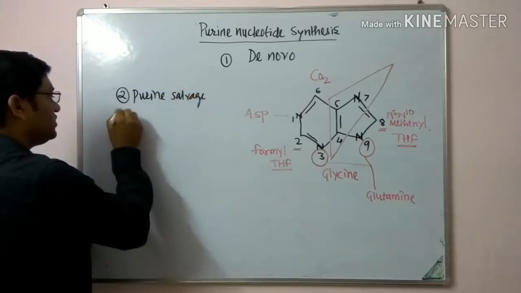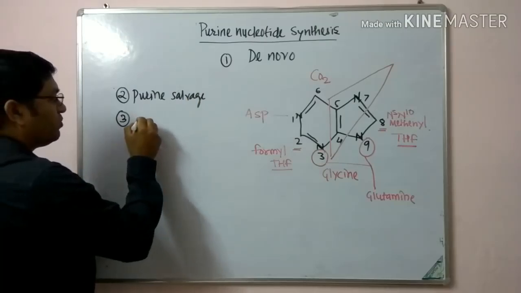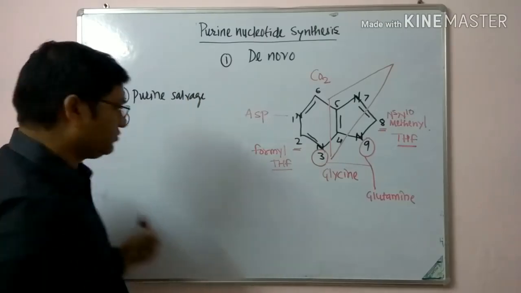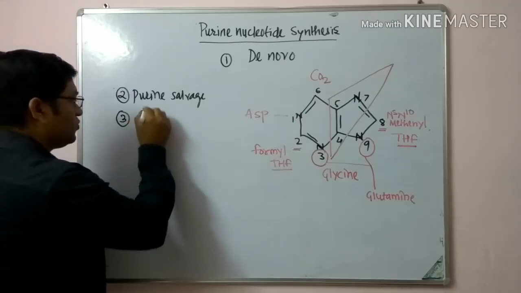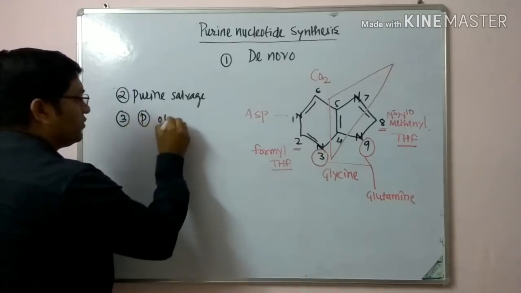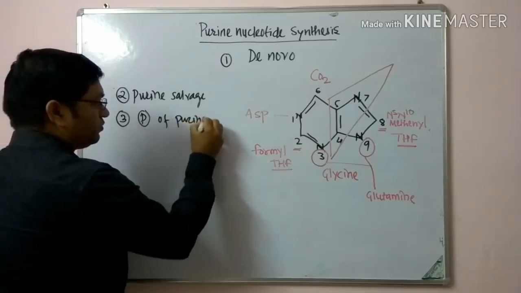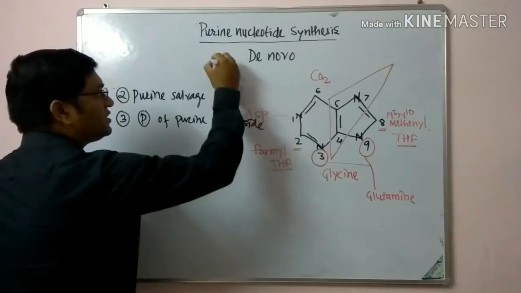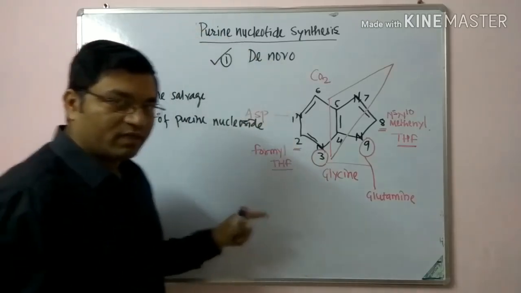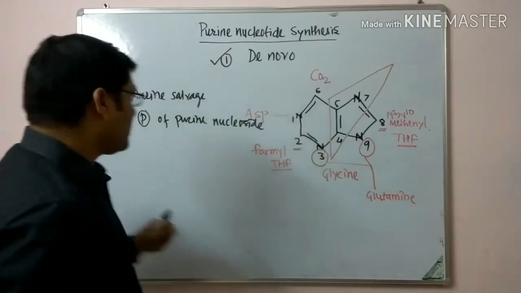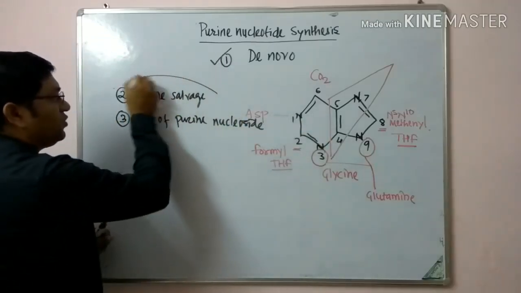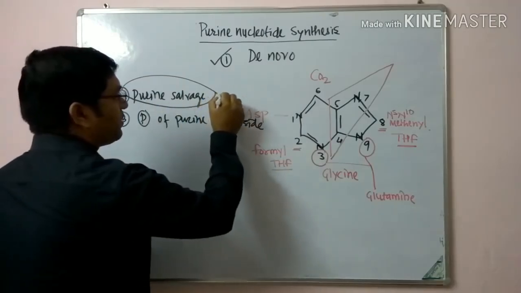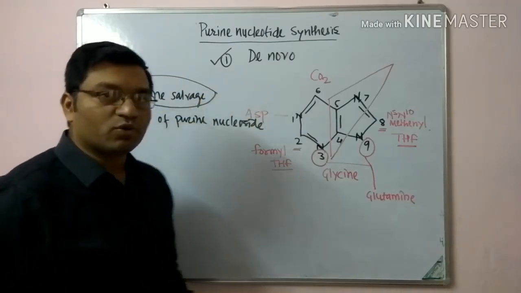And third is the phosphorylation of purine nucleosides. Of these, de novo is the predominant pathway, but brain and RBC utilize the purine salvage pathway for synthesis of purines.